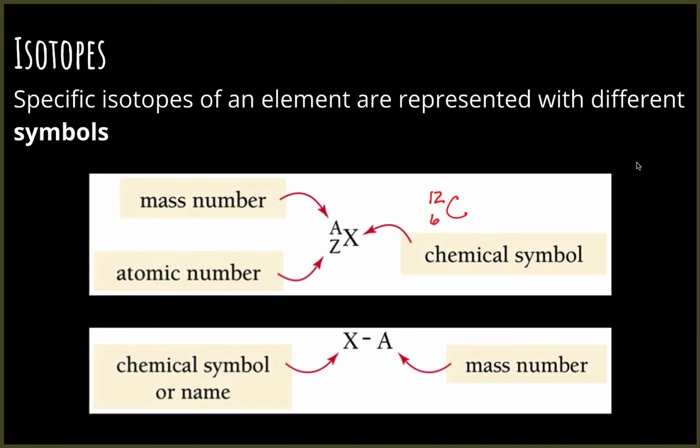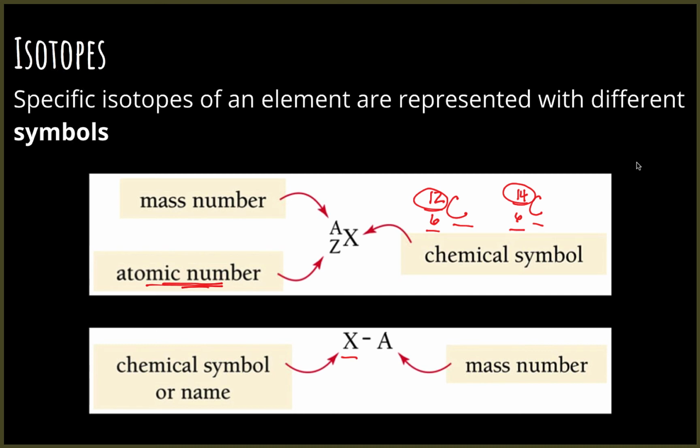Now, if we were going to show one of the other isotopes of carbon, carbon-14, it would look like this. So the bottom numbers are still the same because the atomic number, like we said, is what identifies the element. So we're still talking about carbon, but that top number, because those are isotopes, the mass number is different. Another way to notate an isotope is by using this notation at the bottom. This is a little different.